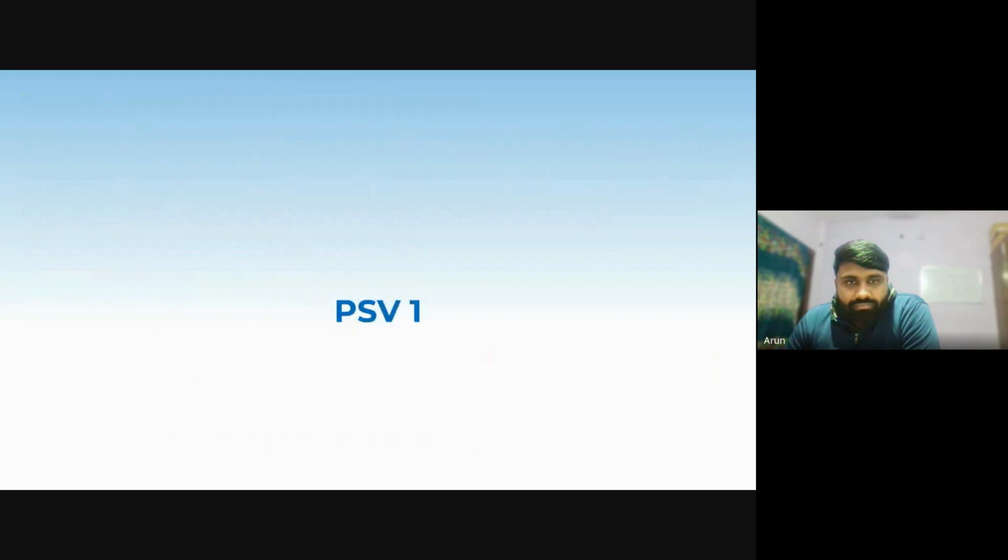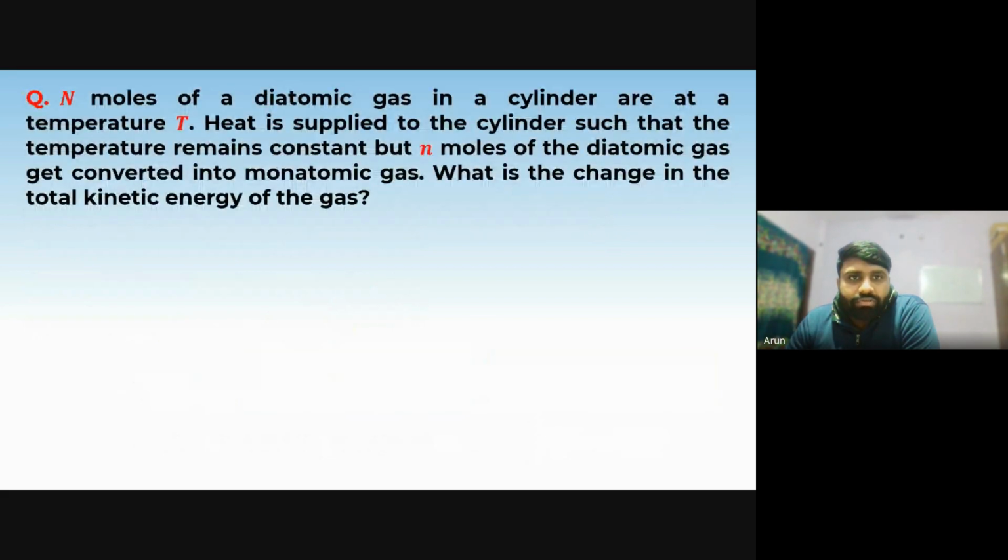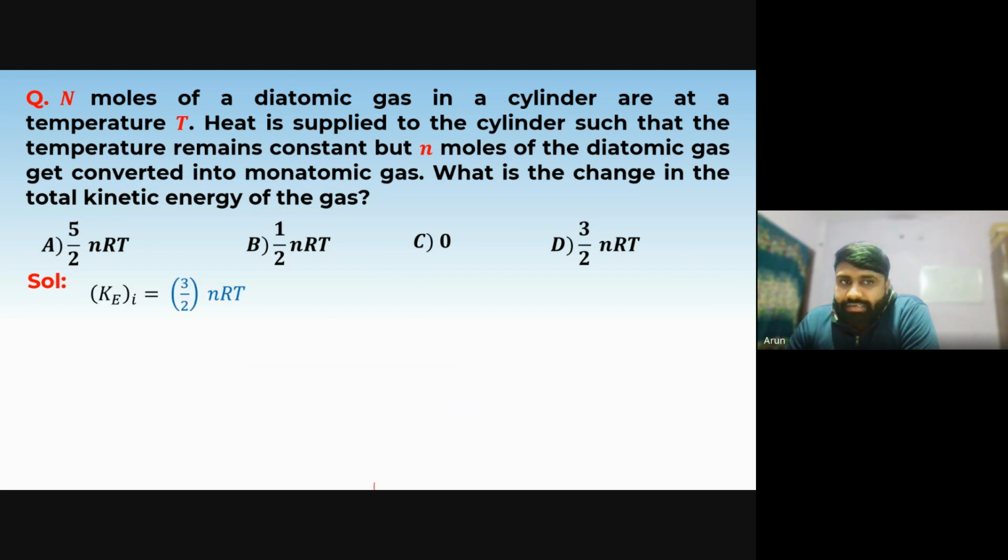Now, this is the example. If n moles of diatomic gas in a cylinder are at a temperature T, and heat is supplied to the cylinder such that the temperature remains constant, but the n moles of diatomic gas are converted into monatomic gas, then what is the change in the total kinetic energy of the gas? Now, these are the options. Firstly, this is the initial kinetic energy, because it is a diatomic gas in the cylinder at temperature T. So heat is supplied to the cylinder, then what will happen?